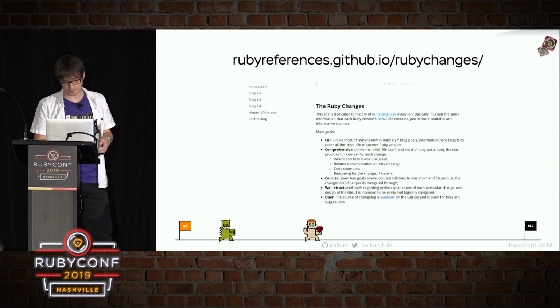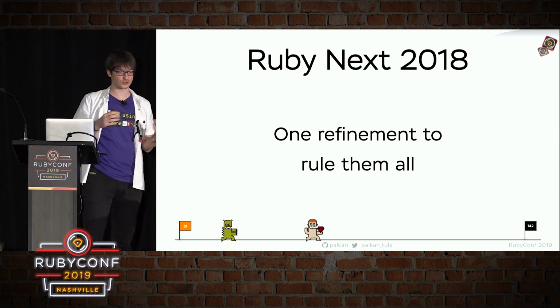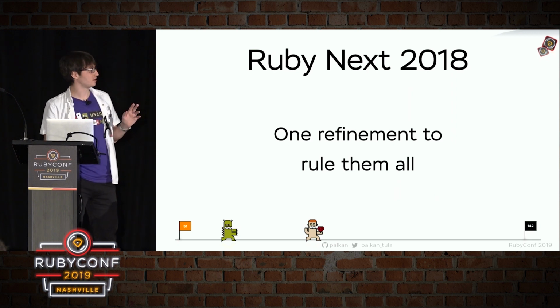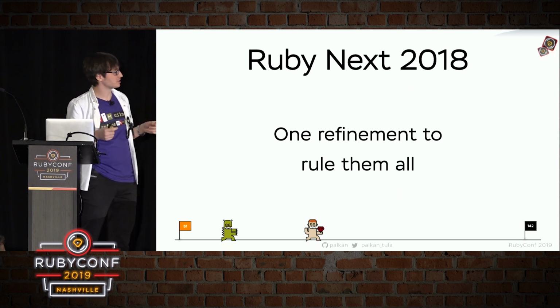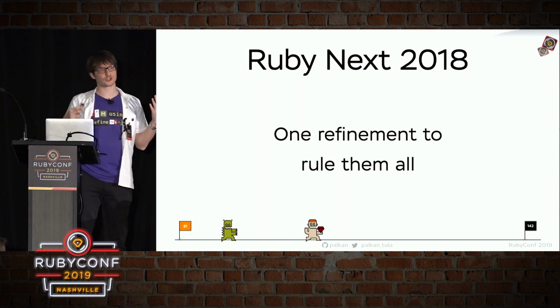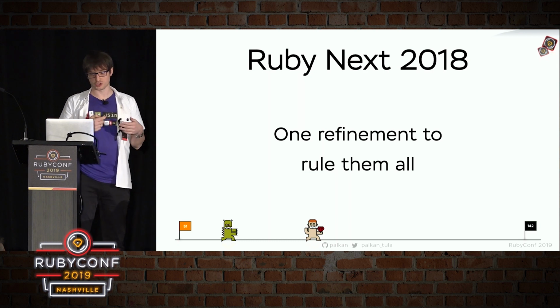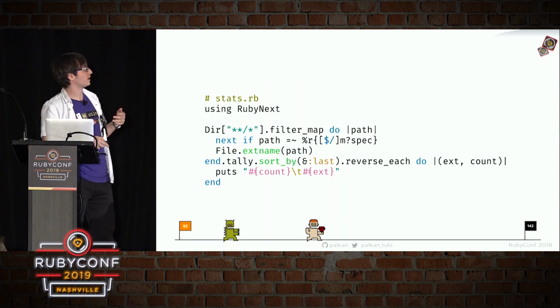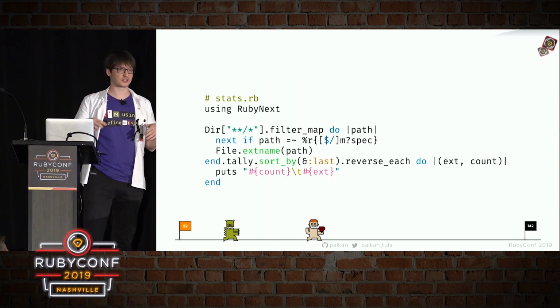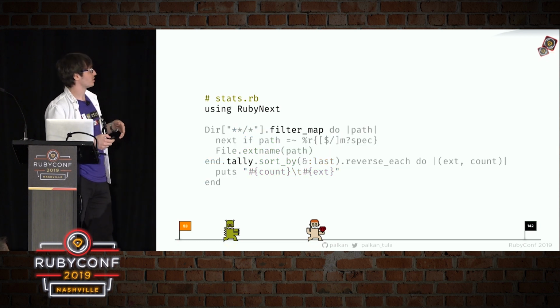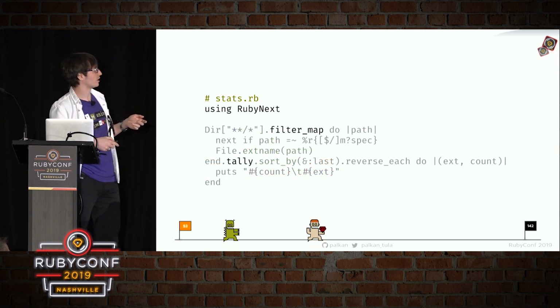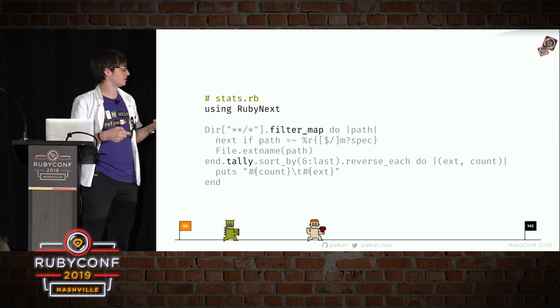It's really useful. So Ruby Next, in its version of 2018, which didn't exist, it was just in my mind, was the idea of one refinement which contains all the backported methods for all the modules and classes, and you can just call using RubyNext, and everything starts working as if it is the latest version of Ruby. So for example, in this script, we have filter_map, tally, and it just works.